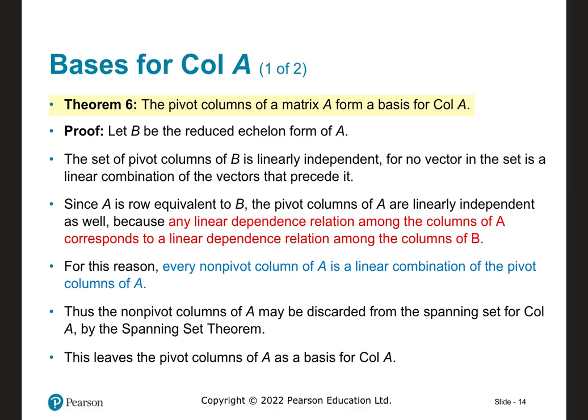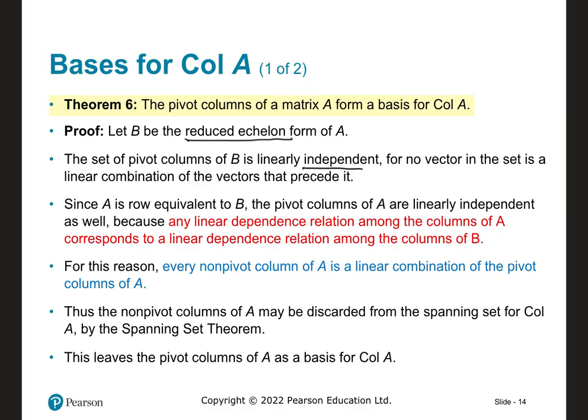Then the set of pivot columns of B is linearly independent, right? If I have a matrix in reduced row echelon form, then I can easily identify the pivot columns, and the set of those pivot columns will definitely be independent. That should be trivial at this point.